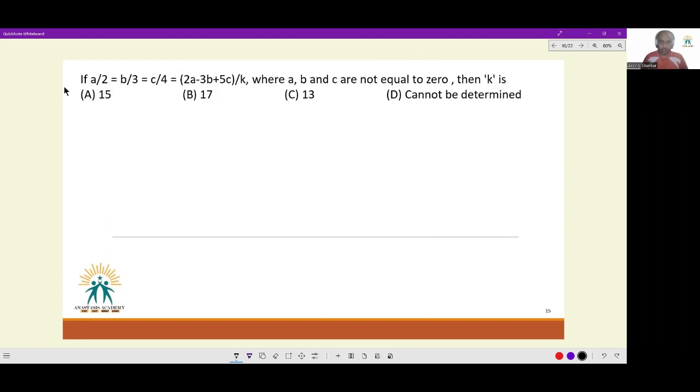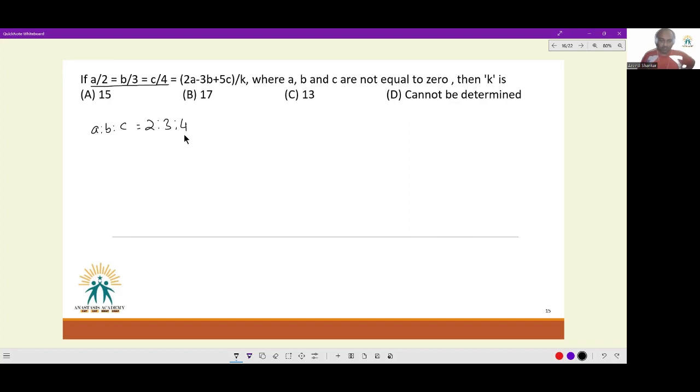Next. If A by 2 is equal to B by 3 is equal to C by 4, and that is equal to 2A minus 3B plus 5C by K, where A, B, C are not equal to 0, then K is. Now see, I don't care for what this expression is, but very quickly I can see A is to B is to C is equal to 2 is to 3 is to 4.